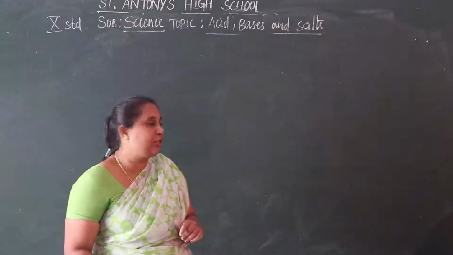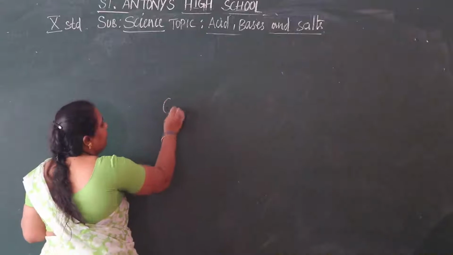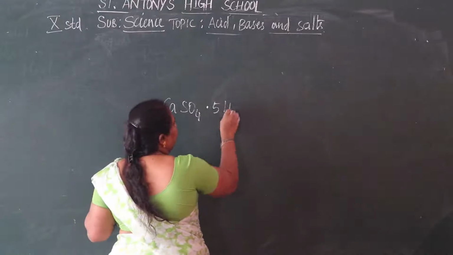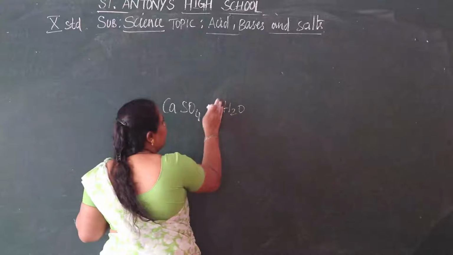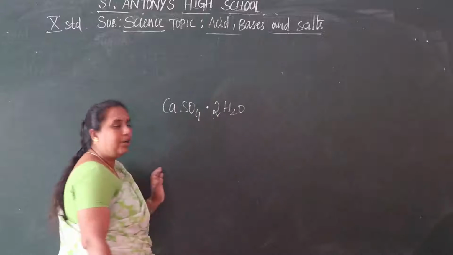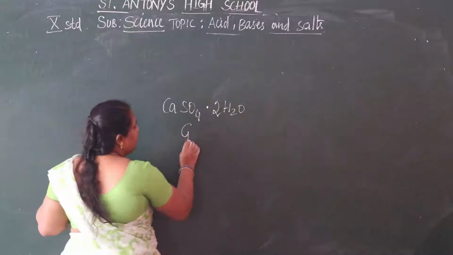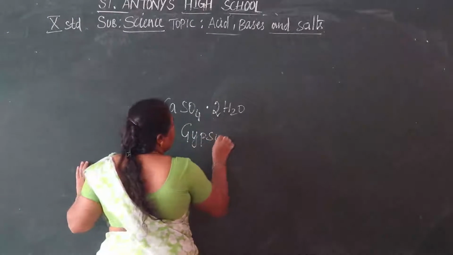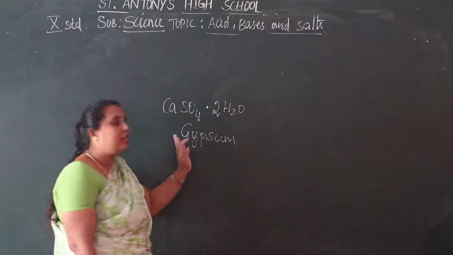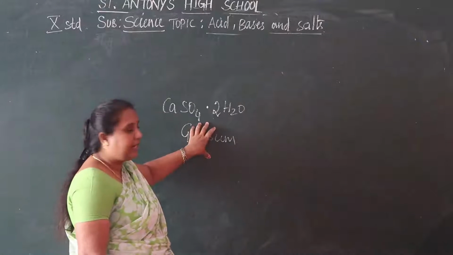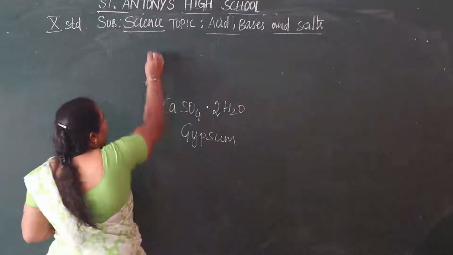What is the hydrated salt of calcium sulfate? CaSO4·2H2O. Sorry, 2H2O. This is gypsum. The name of the hydrated salt of calcium sulfate is gypsum. By this we get plaster of Paris.